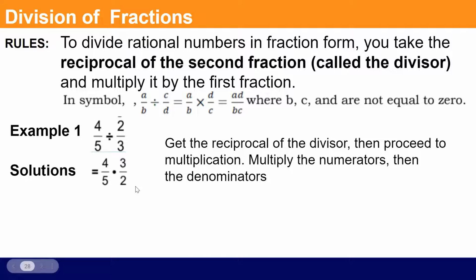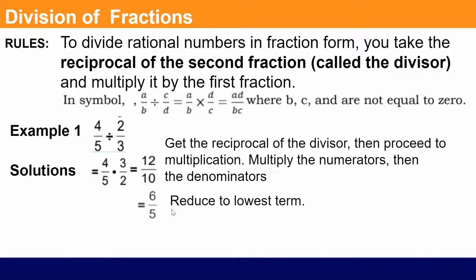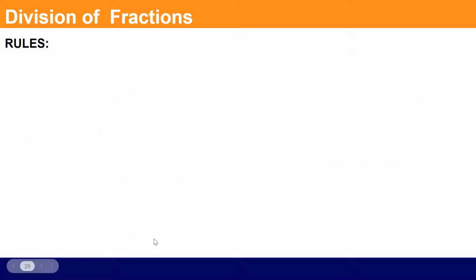Okay, tapos multiply na po natin. Ayan, so we have 4 times 3 equals 12 and then 5 times 2 equals 10. Pwede po nating i-reduce to lowest term. So ano po ang gagawin? You have to divide 12 over 10 by 2. So we have now 6 over 5. Therefore, the quotient of 4/5 divided by 2/3 is 6/5. Next.